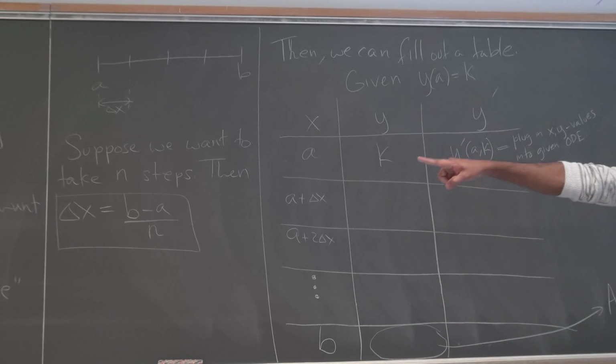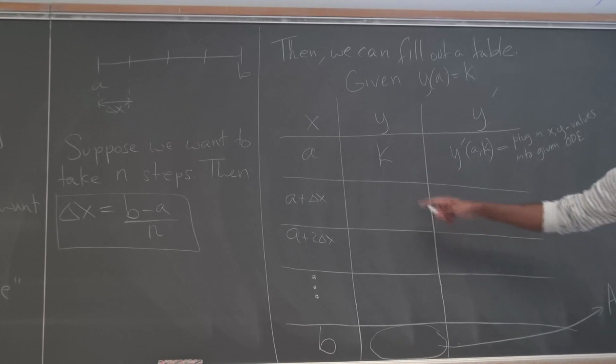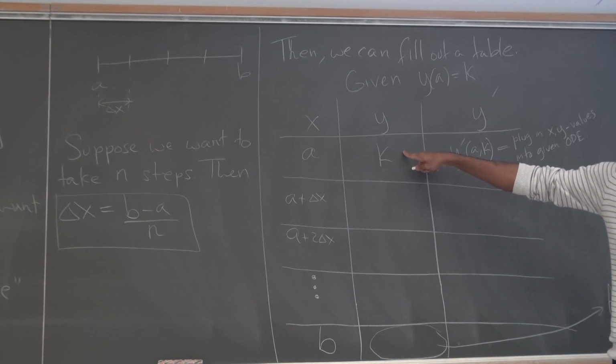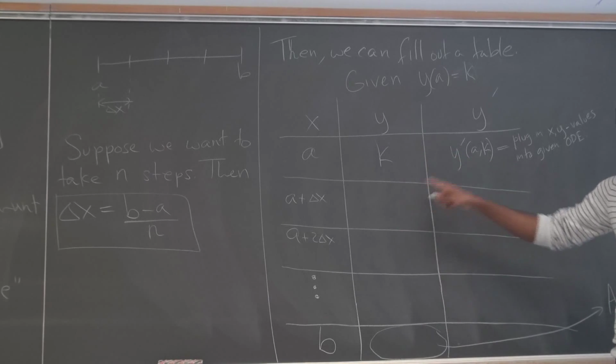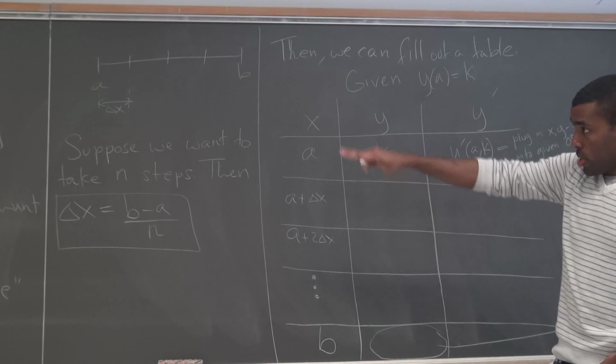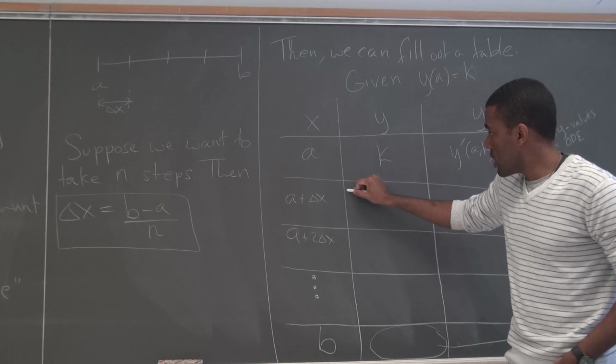Now, where this formula comes into play is in the y column for every point after the initial point. Yes, you'll need to fill out everything. Eventually we'll have to fill out everything, yes. So now, the formula is used once in this column.